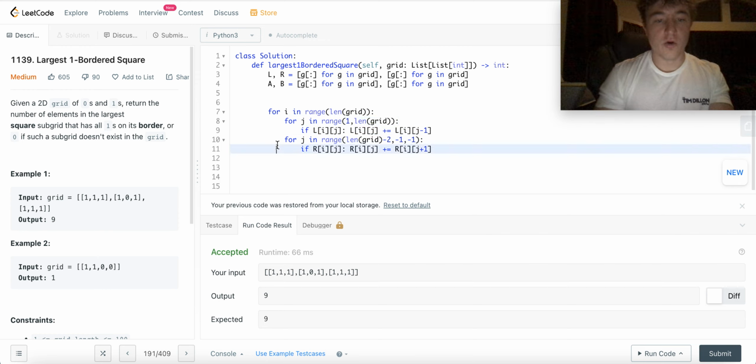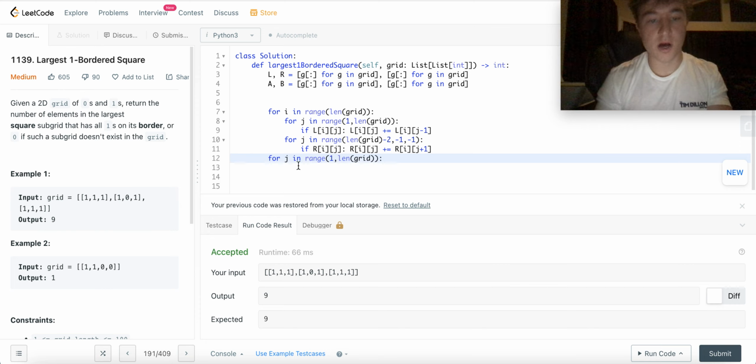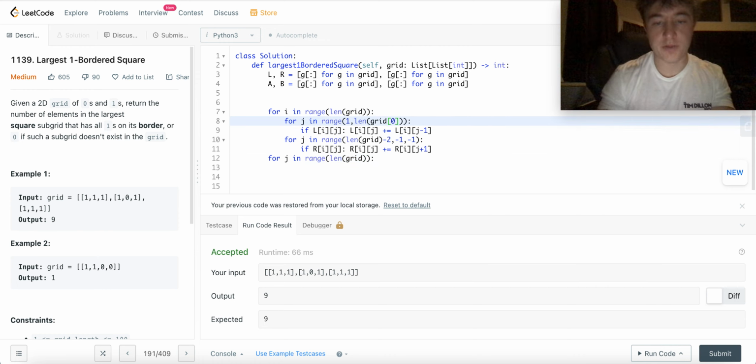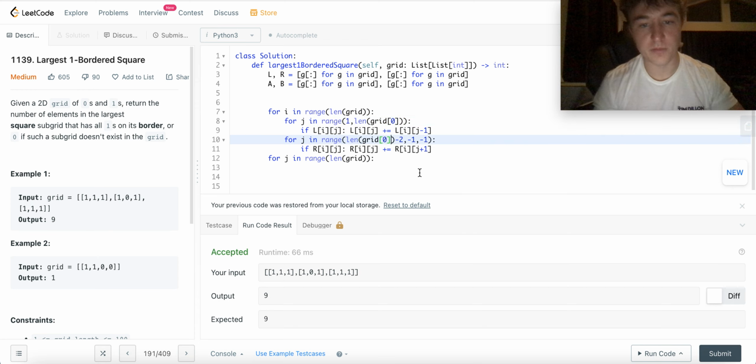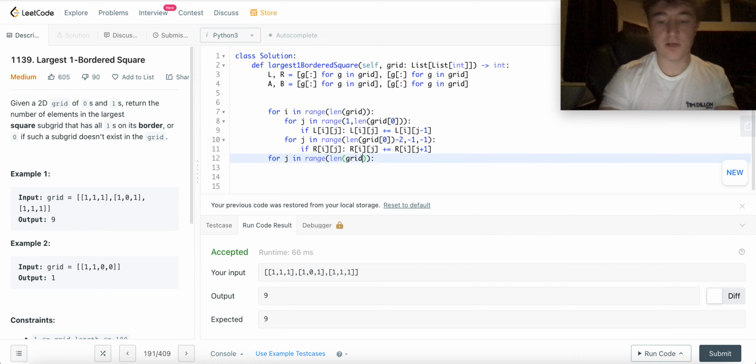And then we want to go above and below. This would start at length of grid. Oh, this is a square grid. I mean, this is not necessarily square, so don't let yourself make that mistake.